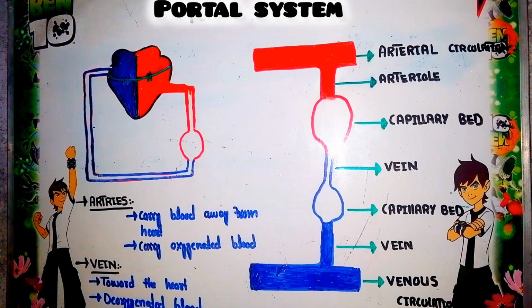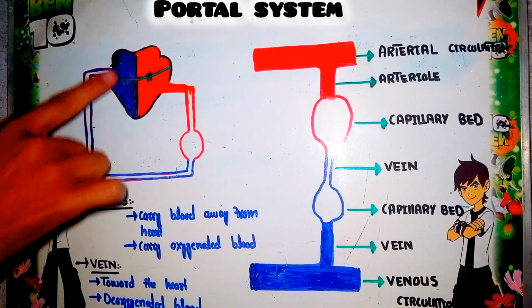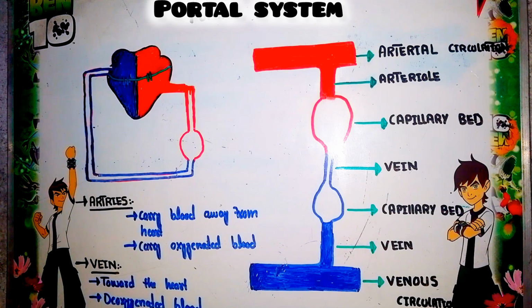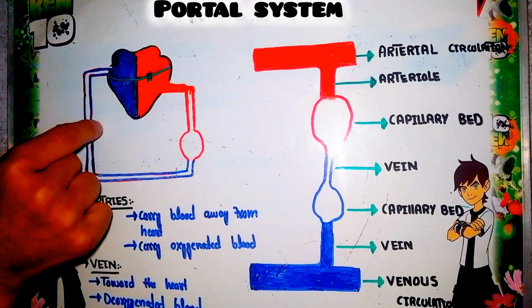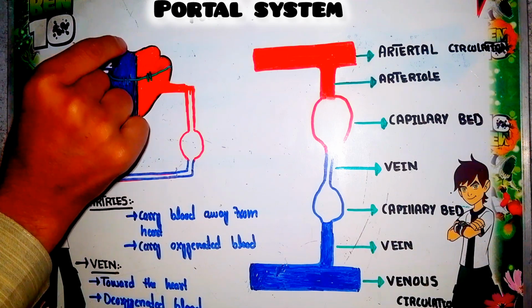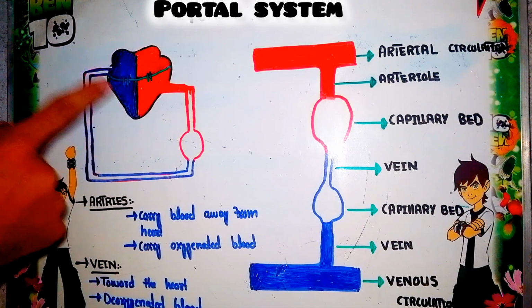Now the blood that is collected from the various tissues is basically the deoxygenated blood. This deoxygenated blood will come towards the right side of our heart. Basically this deoxygenated blood from all the body will come to the right atrium, and this is the right ventricle.